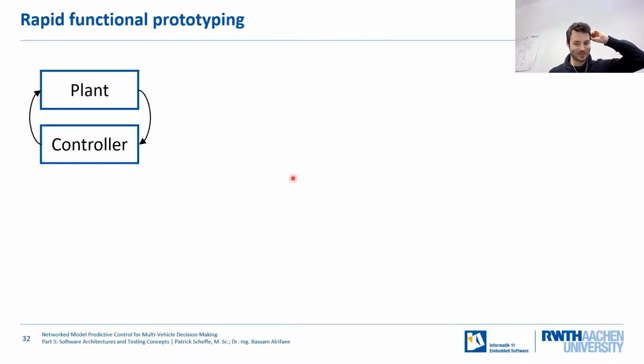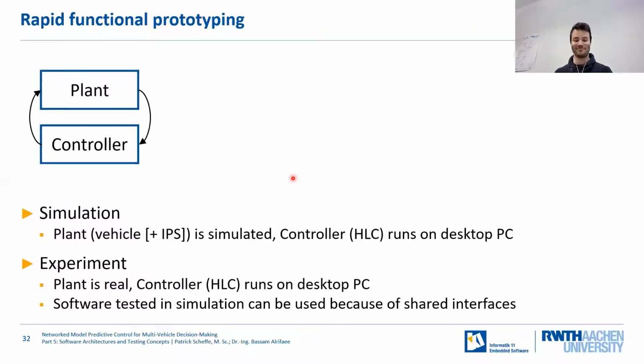So the system we want to test in the lab consists of a plant, the vehicles, and your controller. And we have two operating modes. First, what we will do later also is work in simulation. So we have the plant, which is the vehicle, and possibly the IPS, because you get measurement data from it as well.